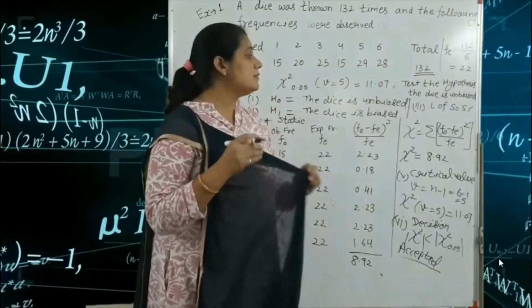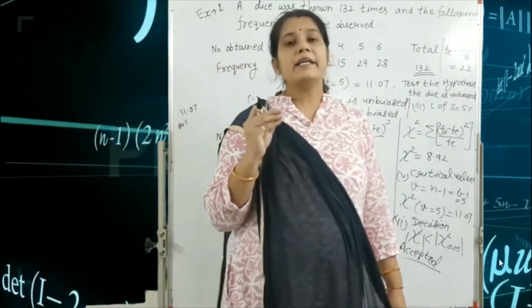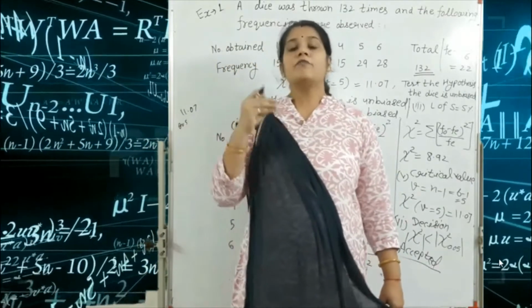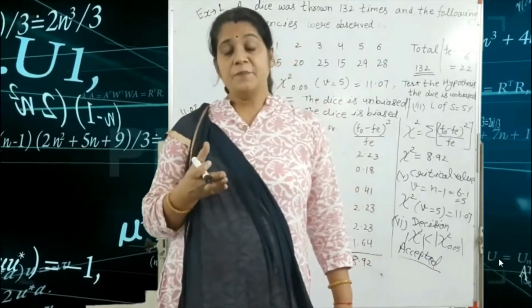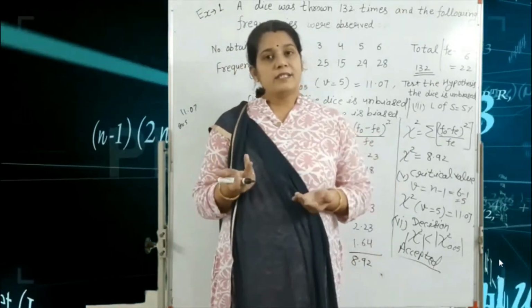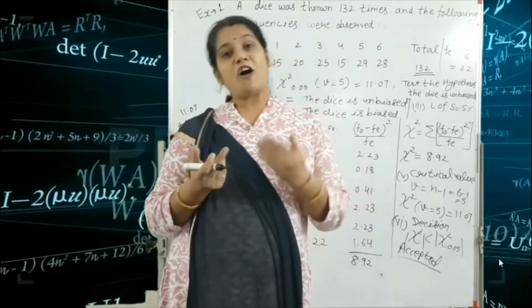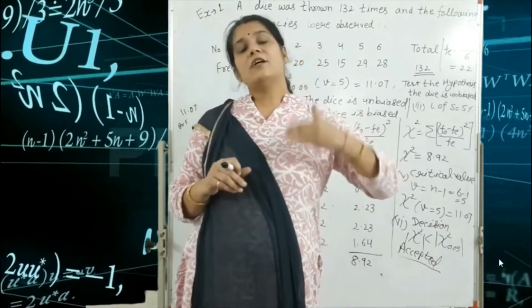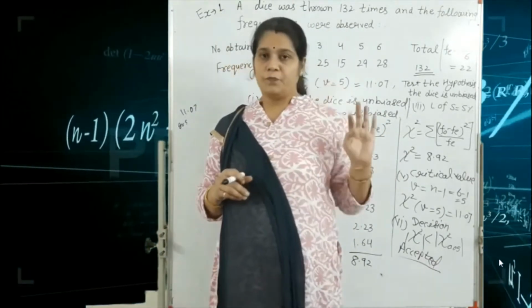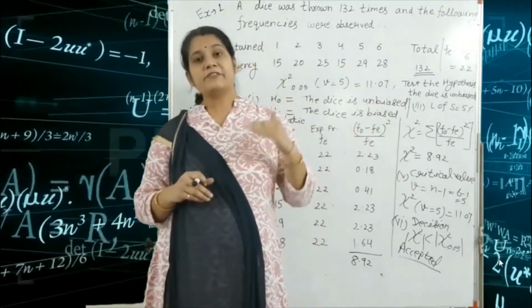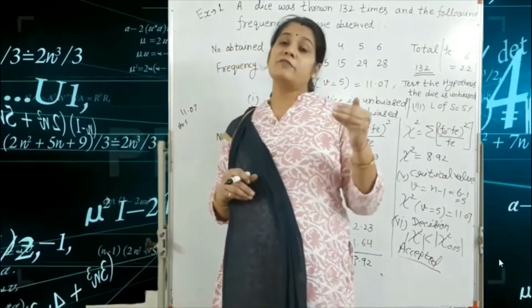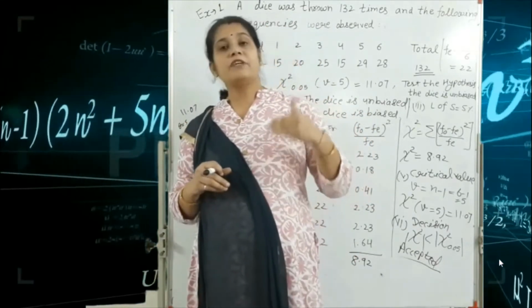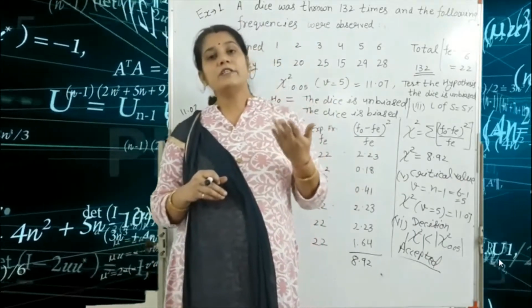But in our next example, we are given some special terms. For finding the expected frequency, we use the binomial distribution, Poisson distribution or normal distribution. In the next example, we are given the observed frequency, Fo, but for finding the expected frequency, depending on your question, we use the binomial distribution, the Poisson distribution, or the normal distribution.